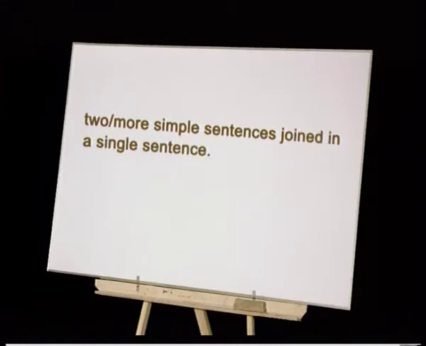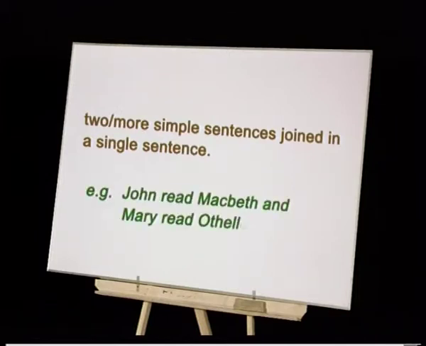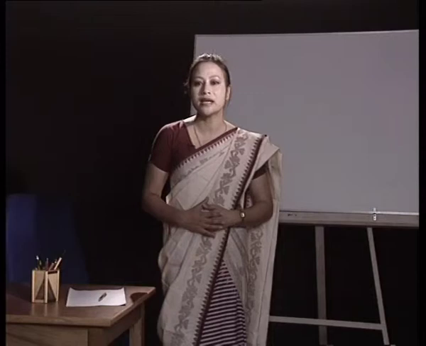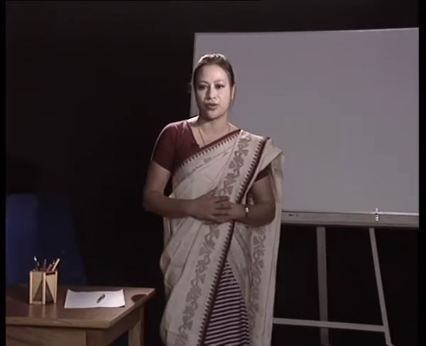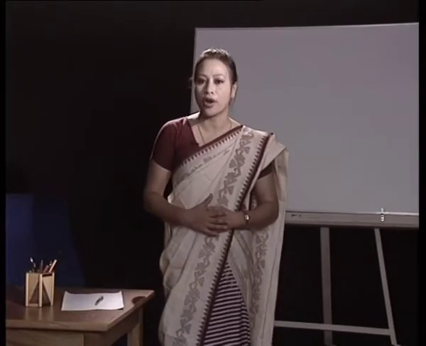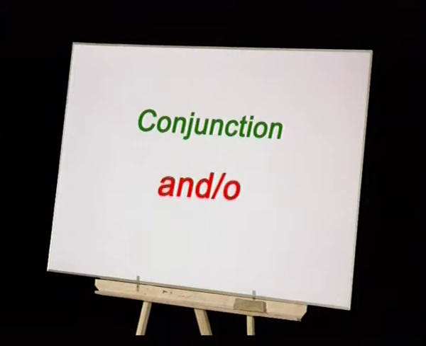As an example, John read Macbeth and Mary read Othello. Each simple sentence maintains its own internal syntactic structure. They may be joined by a coordinating conjunction such as and or or.